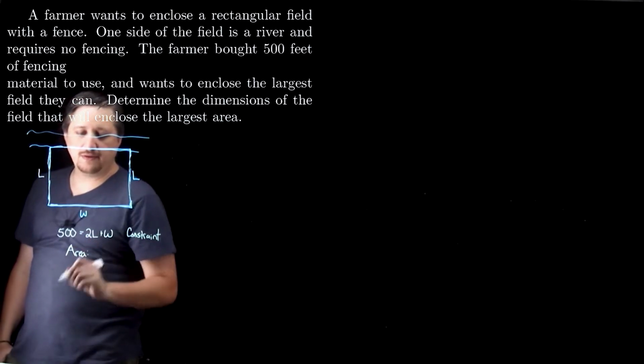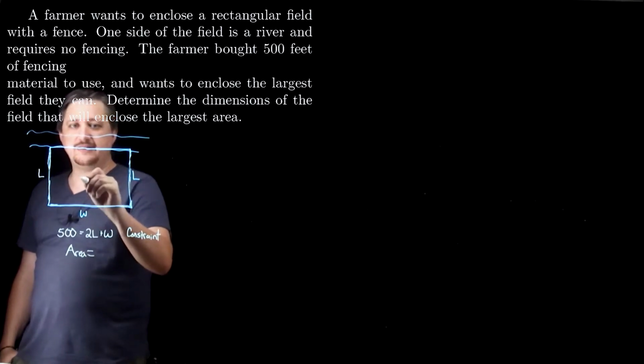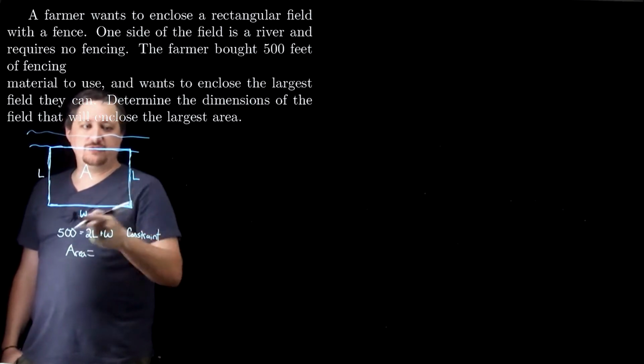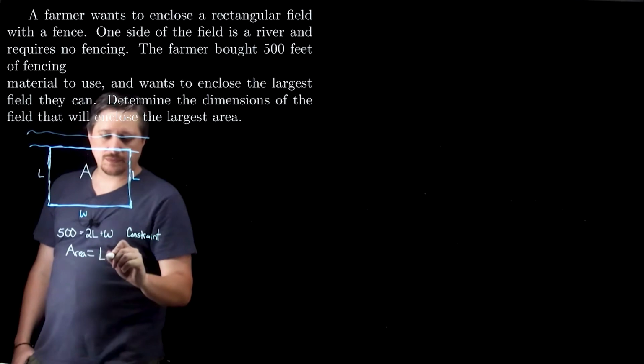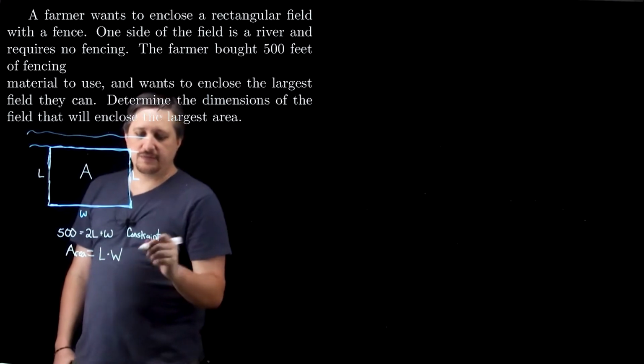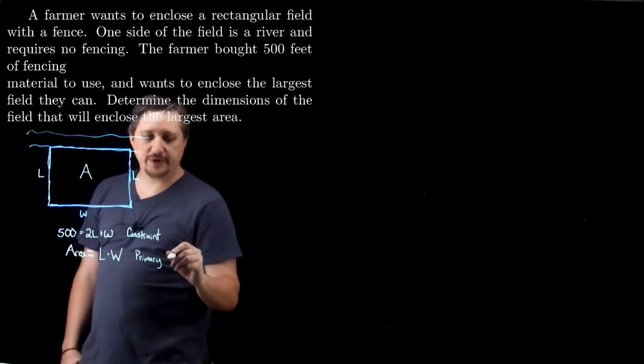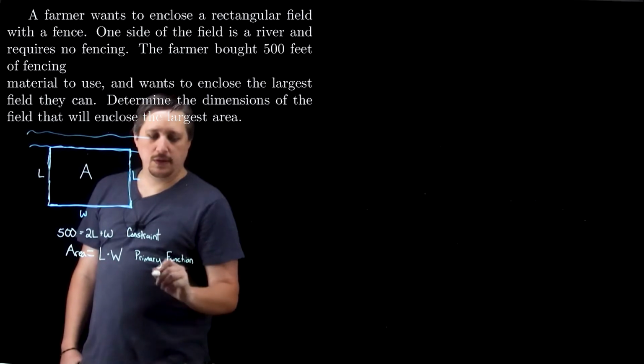So the area for what we've drawn here, the area inside, is just going to be length times width, right? So length times width is our primary function, the thing that we're trying to optimize. We want, in particular, to maximize this.